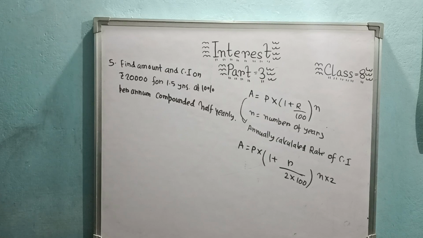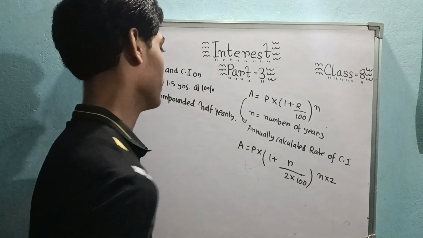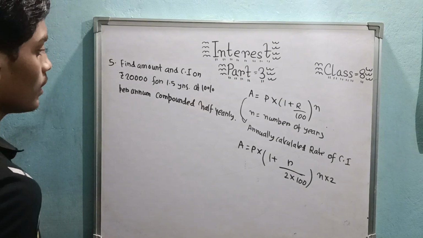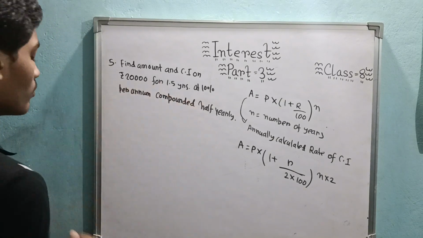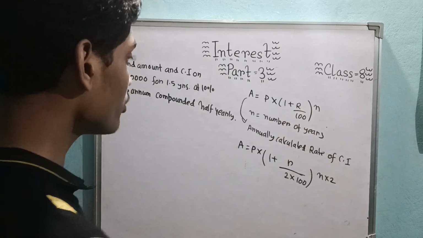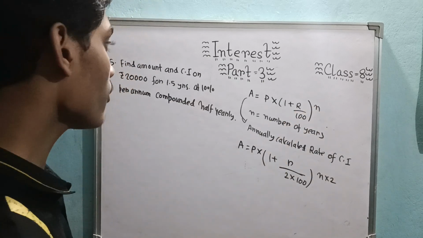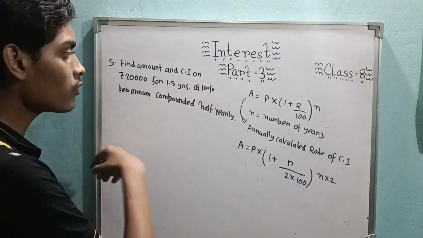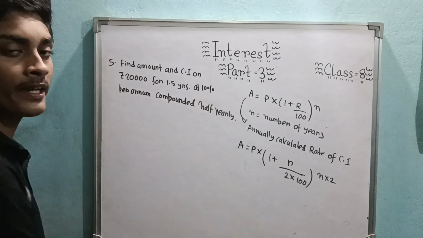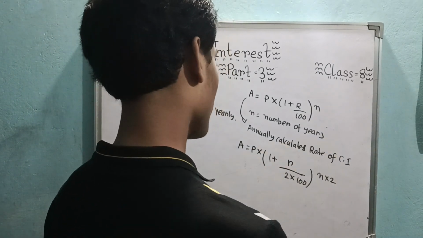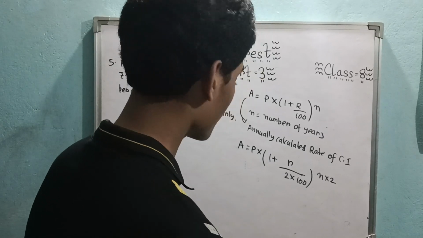Why r by 2? See, here the interest is compounded half yearly. So if you are having the rate as in 1 year, then obviously rate divided by 2. Calculating for half yearly, so rate also needs to be half yearly. This is for annual, so half year equal to rate for annual by 2. And this one, just remember, number of years multiplied by 2.